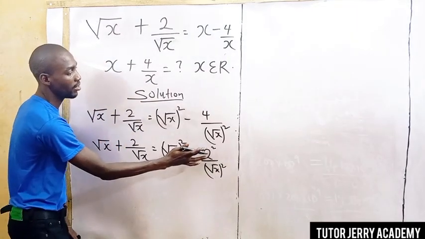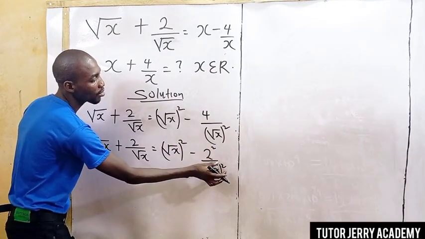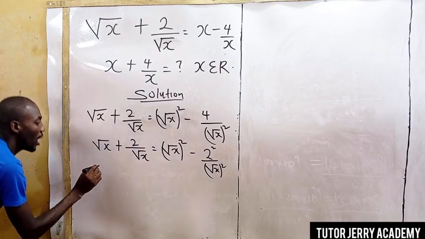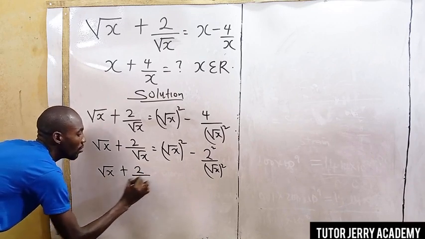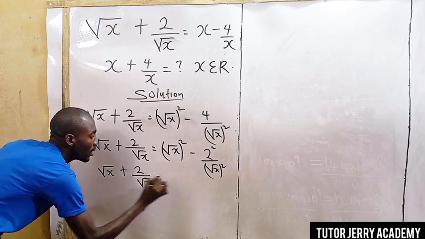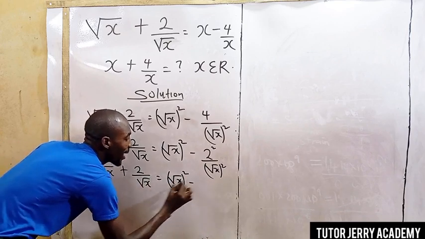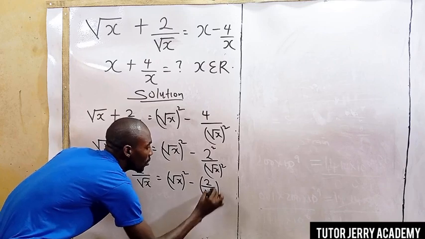Now you can see this one is having 2 as its power, this one too is having 2 as its power. I can factor that out. So if I do that, I'm going to have root s plus 2 all over root s equal to root s all squared minus 2 all over root s all squared.